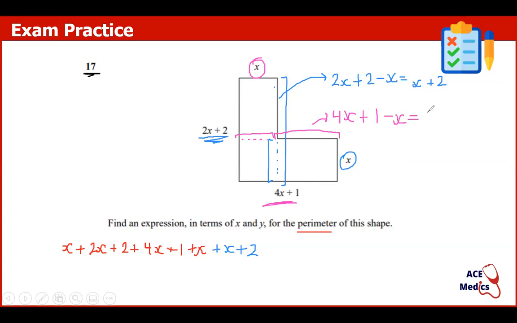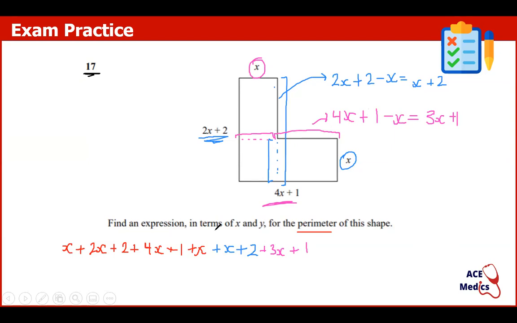So 4x take away x is 3x plus 1. Does that make sense to everyone? Yeah? Okay. If it doesn't, please do say.